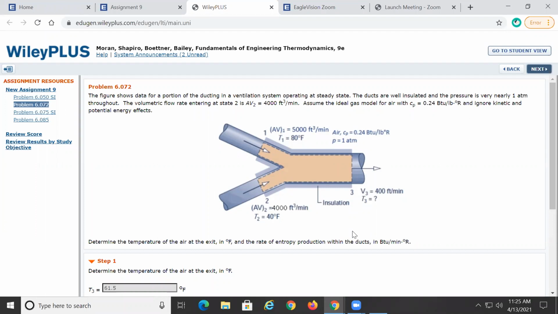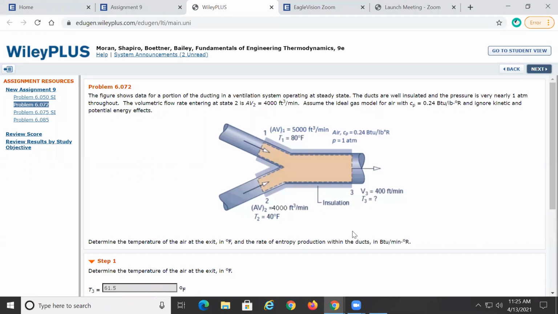So what do they give us, the velocity then? V3. Okay. It is feet per minute. So it is the velocity. Okay, so what do they say then? Ignore kinetic. I don't know.